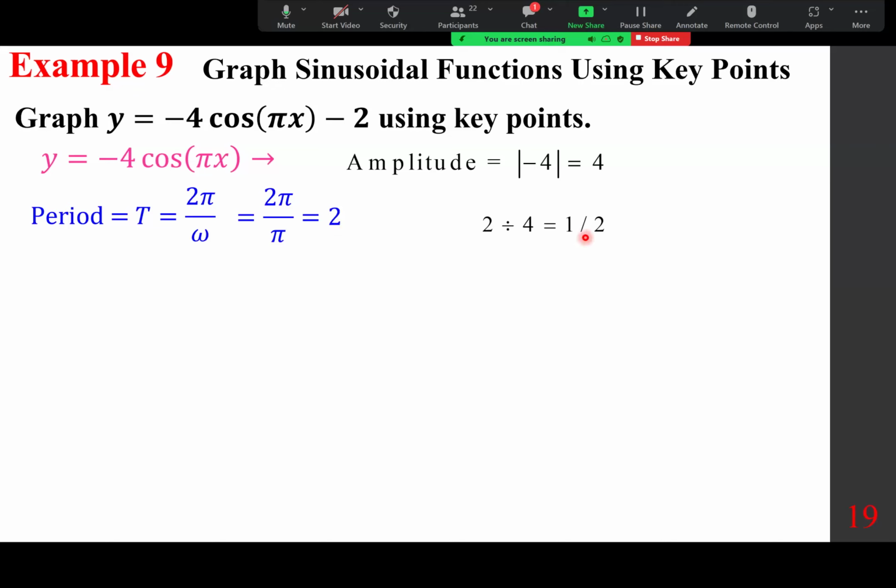So we're going to go from 0 to 1/2, 1/2 to 1, 1 to 3/2, 3/2 to 2. So those are the 4 subintervals.